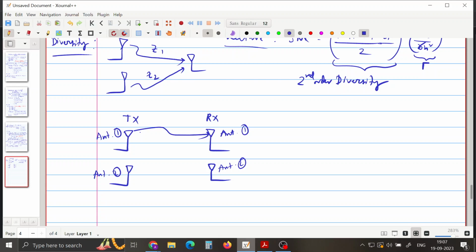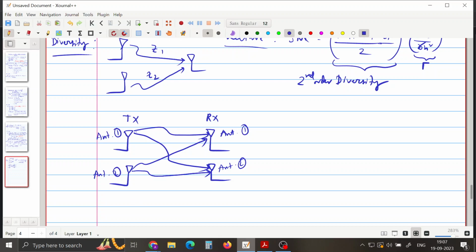This is one channel from transmitter 1 to receiver 1. This is another channel from transmitter 1 to receiver 2. This is another channel from transmitter 2 to receiver 1, and this is another channel from transmitter 2 to receiver 2.